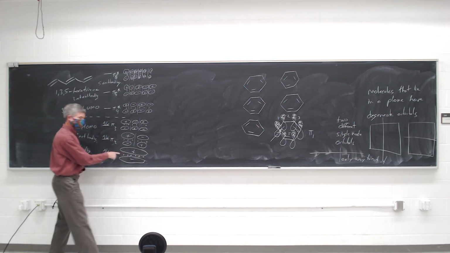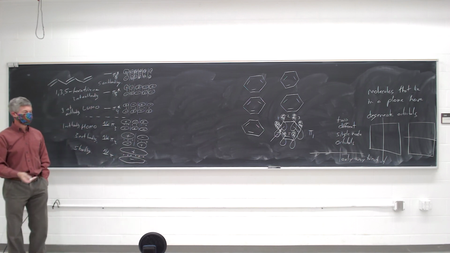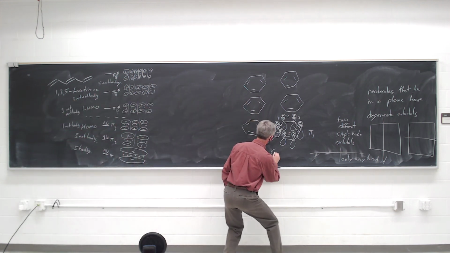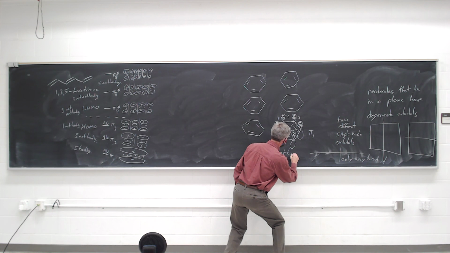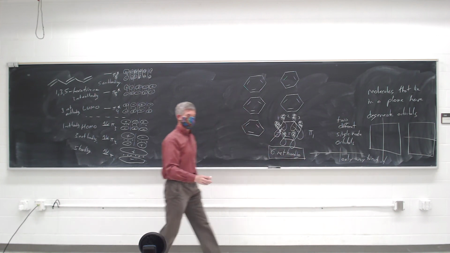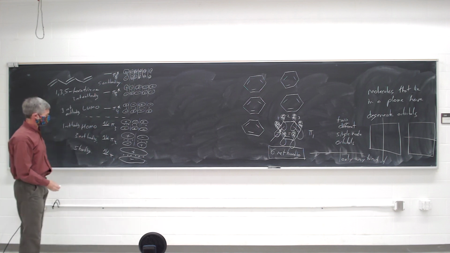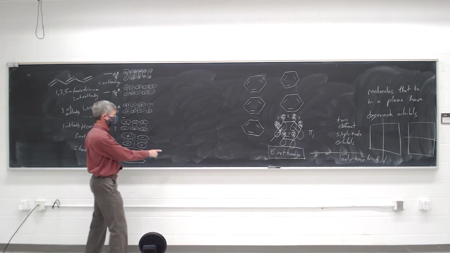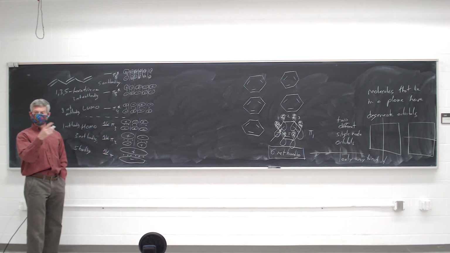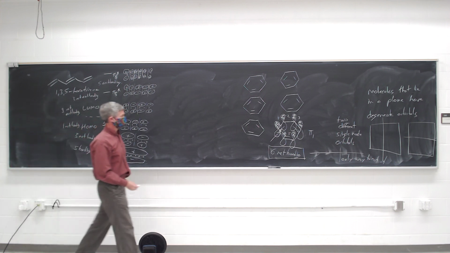And since they're in phase, because it's a sigma symmetric orbital, you get an extra bonding interaction. So there are 6 net bonding interactions here. That is the origin of the aromatic stabilization. Pi 1 is lower in energy for benzene than it is for cyclohexatriene because of that additional bonding interaction.